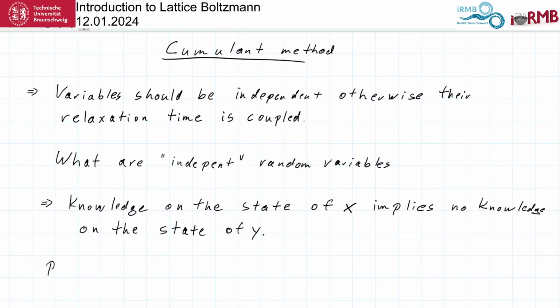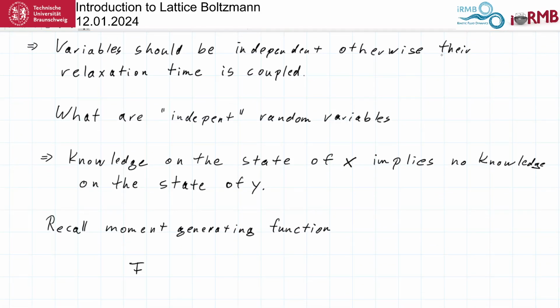And for this, we recall our moment generating function that we had as f. So f is the Fourier transform of the moment. Okay, it's actually the Laplace transform.